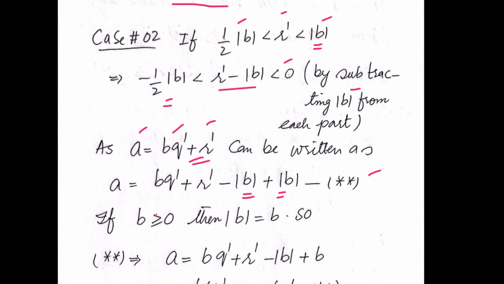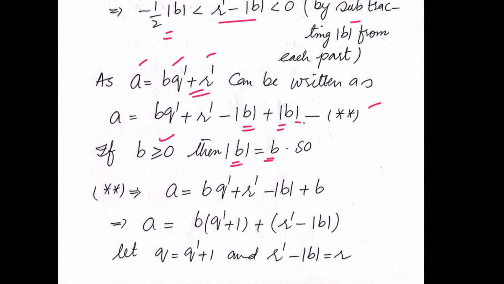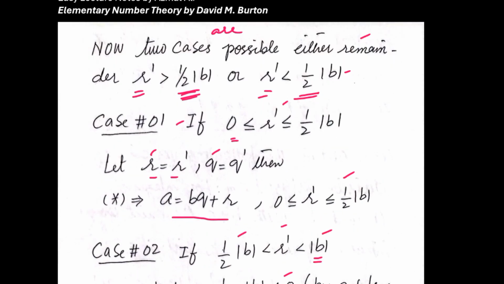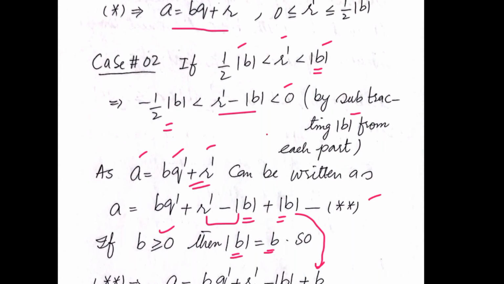Now here there are two cases. If my b is greater than or equal to 0, then clearly |b| is equal to b by definition of absolute value. So I replace |b| with b and combine these two terms to make this form, r dash minus |b|.